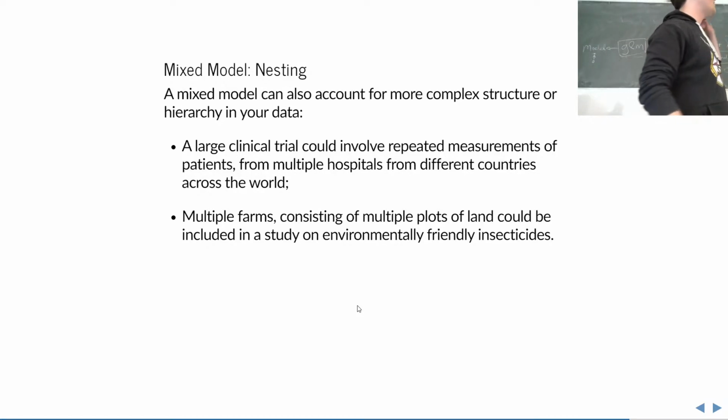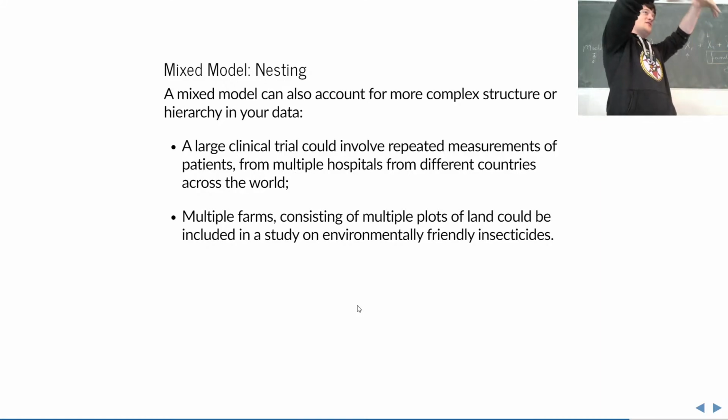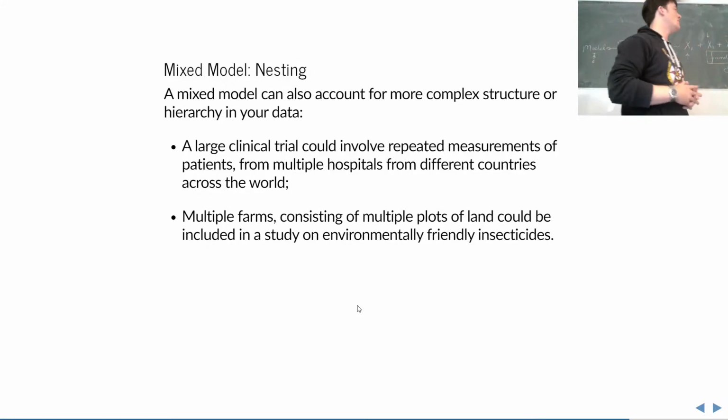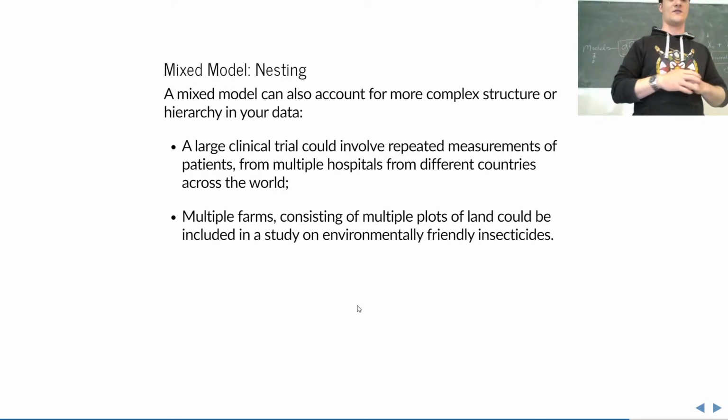Then we have different hospitals from different countries, and the patients are nested in a hospital, which may have better or worse healthcare, which is nested in a country, which may be richer or poorer or may have different rules. So that means that there's a nesting structure, a hierarchy by which your data are dependent. Now, that's what we're going to cover now, how you can do that with a mixed effects model.